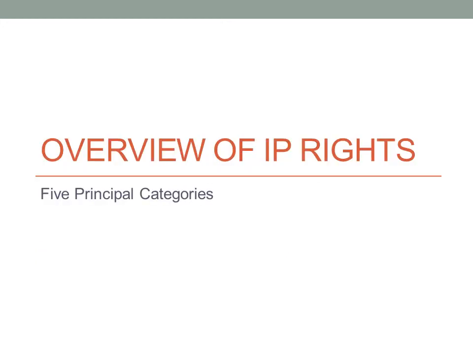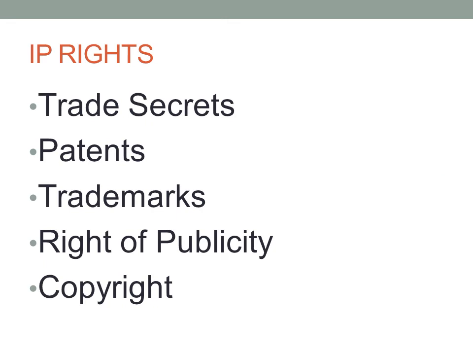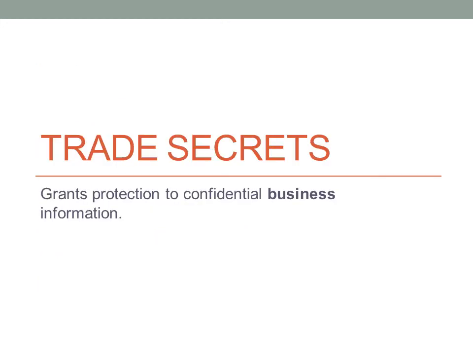So, without further ado, I think we need to talk about the five principal categories of these intellectual property rights. They come in the form of trade secrets, patents, trademarks, the right of publicity, and of course, copyright. And I'm going to give you a little snapshot of each one. Trade secrets. Trade secret law grants protection to confidential business information.